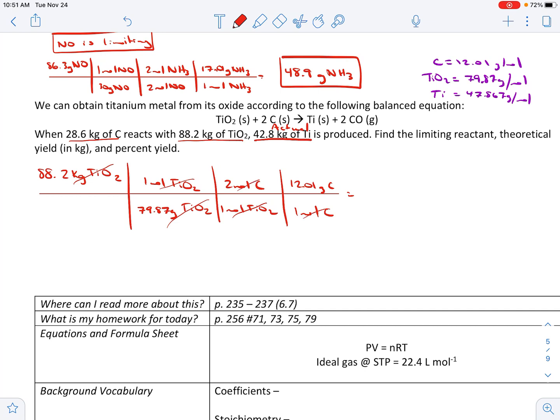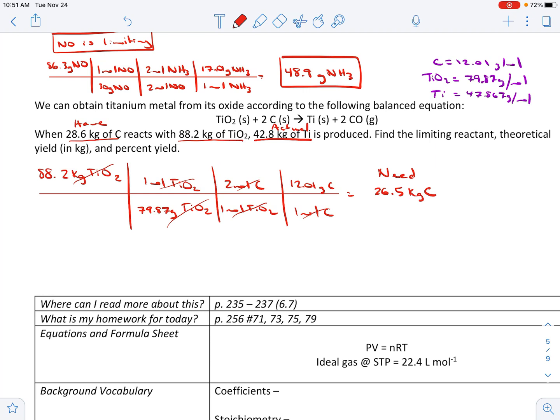And let's see what we get there. 88.2 times 2 times 12.01 divided by 79.87. And this would be 26.5 kilograms of C. This is how much C we need. Ooh, we have 28. So it looks like we have just barely enough.